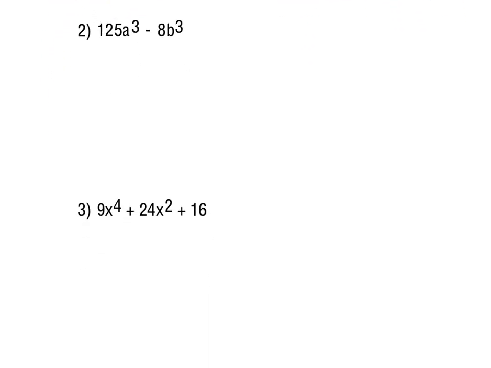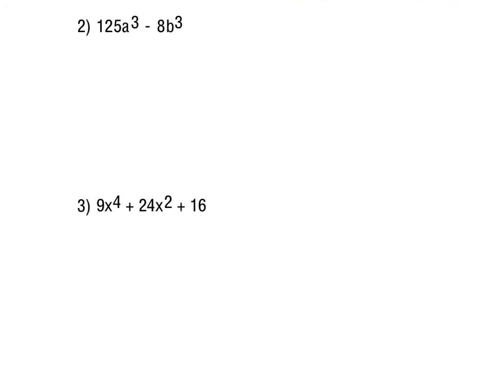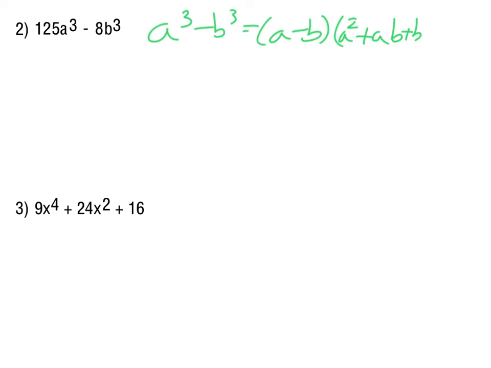Now number 2, there is not a common factor that we can factor out, but this is that difference of cubes pattern, which you will remember, I'm sure, is a cubed minus b cubed. That factors as a minus b multiplied by a squared plus ab plus b squared.